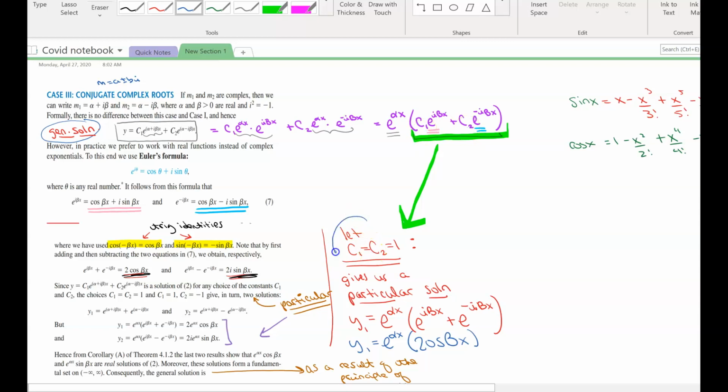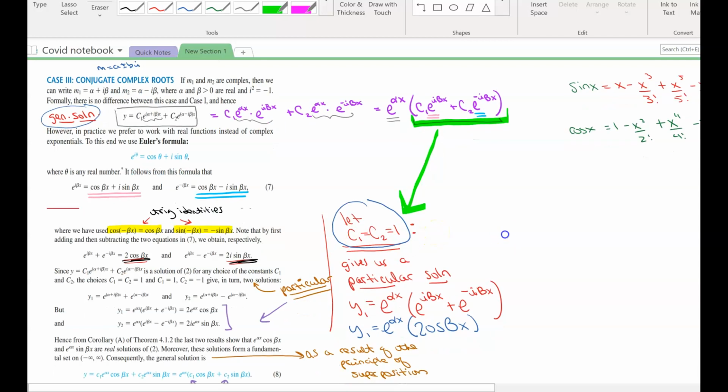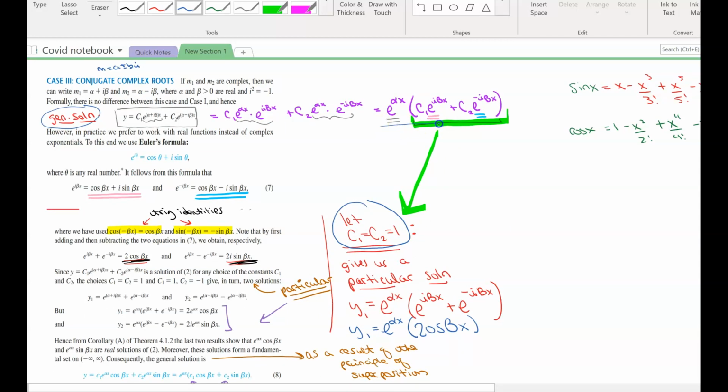I'm going to pick C1 equals 1 and C2 equals 1. The important point is that if you pick a constant for C1 and a constant for C2, you are saying, here's my general solution, and I'm going to pick C1 and C2 to yield a particular solution. So appreciate this process here.